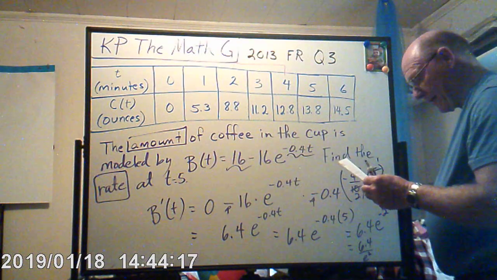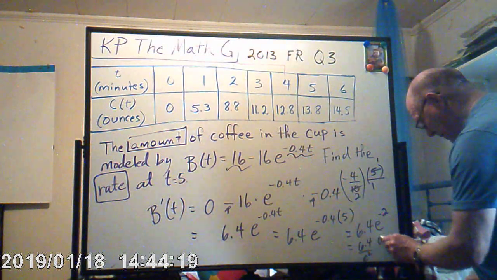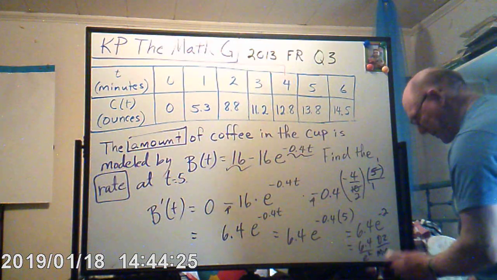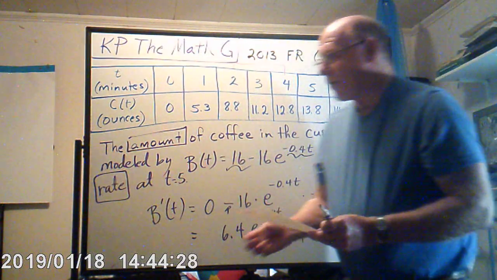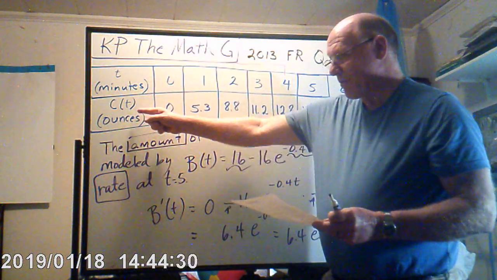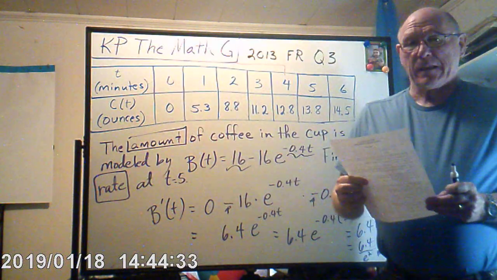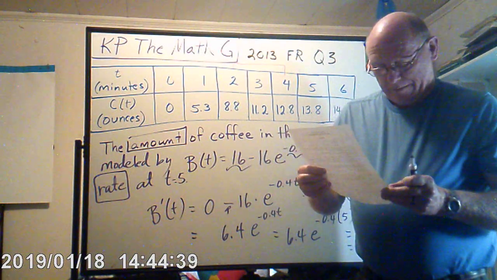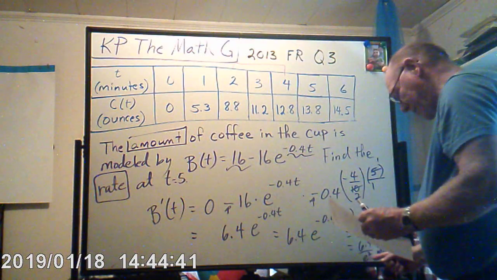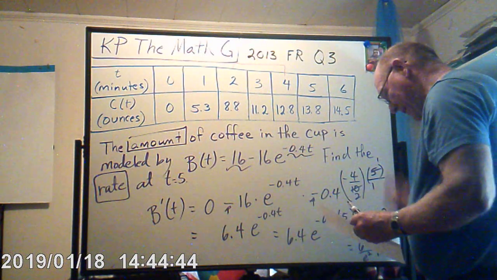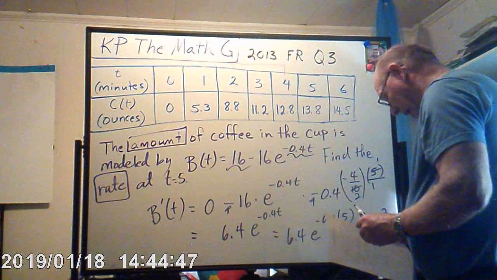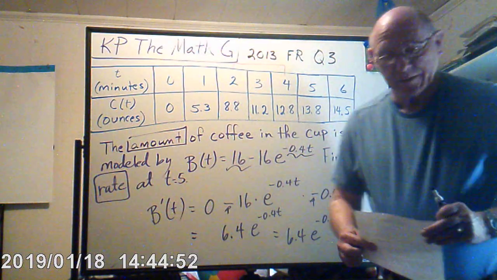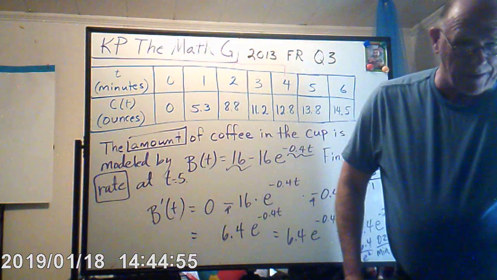I guess they meant minutes as well, because I don't see minutes in part D at all, but I guess they were just going by this model up here. Anyway, ounces per minute. So there it is right there. And you don't have to figure out what e to the second power is or anything like that. I don't even know if you have to put this down here. They do it, but again, I don't think you have to worry about that.